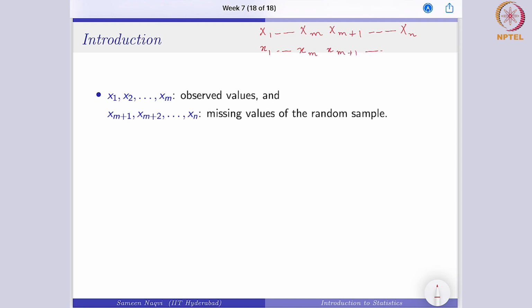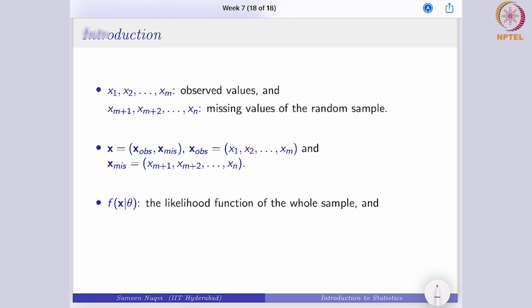Your vector x comprises elements which are known to us or observed, and others which are unknown and missing. So your realized vector is composed of x observed, and the second part is x missing.